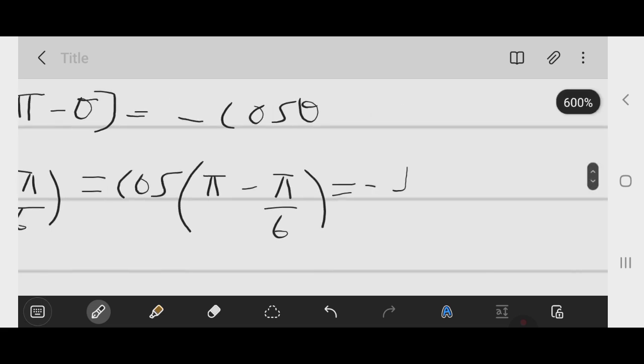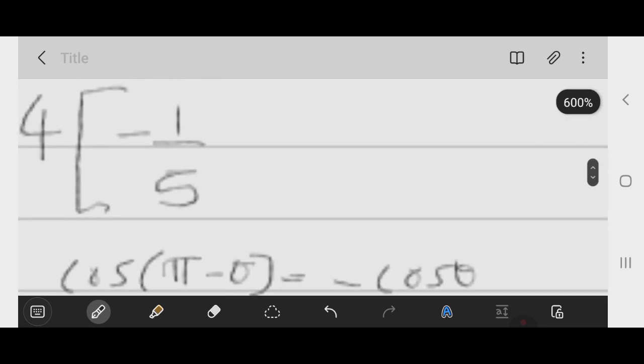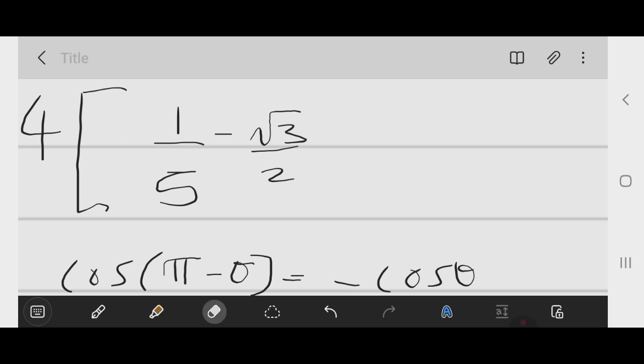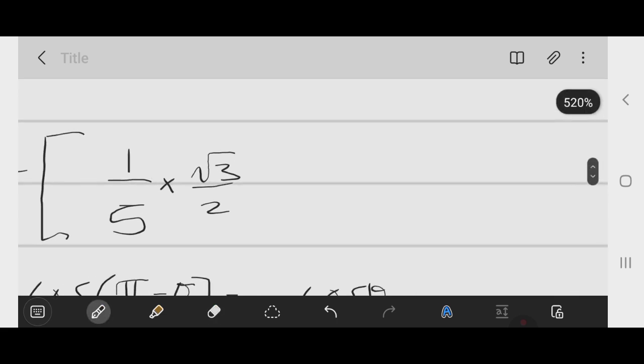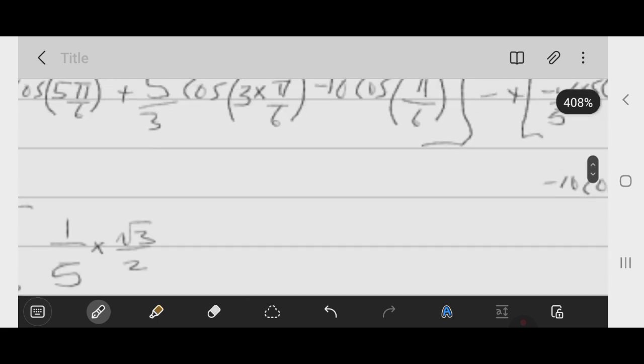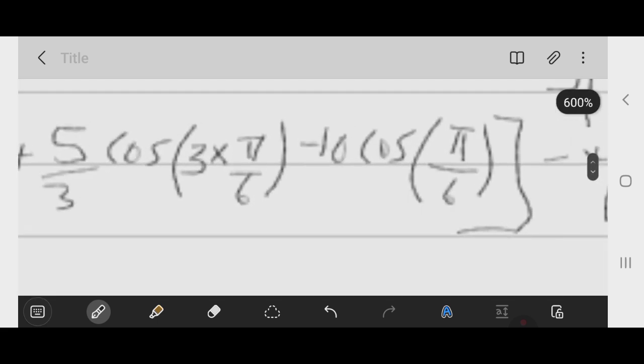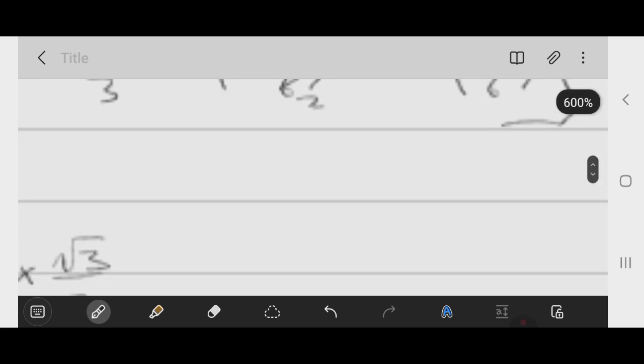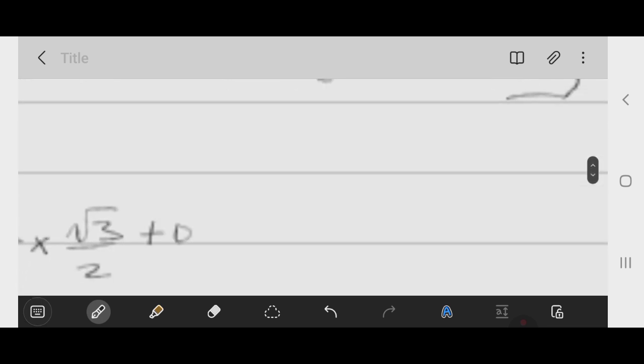Since we already know cos pi over 6, we have its result. All these should multiply. Meanwhile, these two minus signs can go and rest. And a little reduction. Remember that cos pi over 2 is 0.